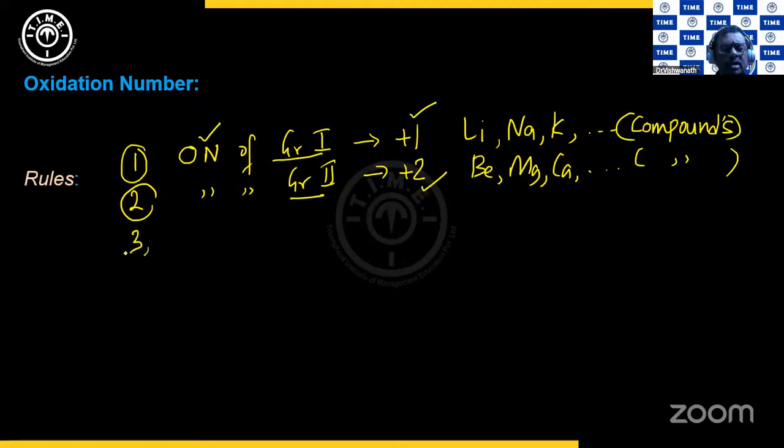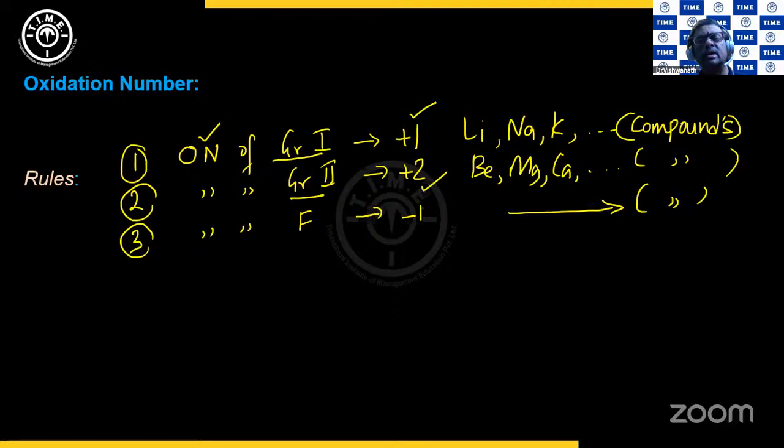The third one is oxidation number of fluorine is always -1 in its compounds. Clear? So these are the three things which are always maintained. Now all other elements will have to follow from these.